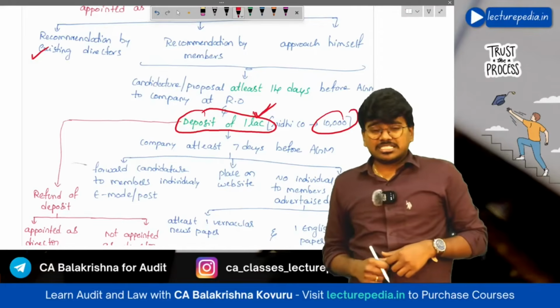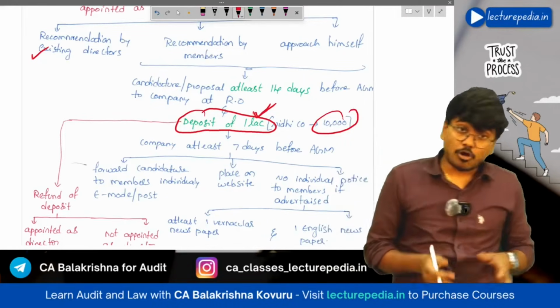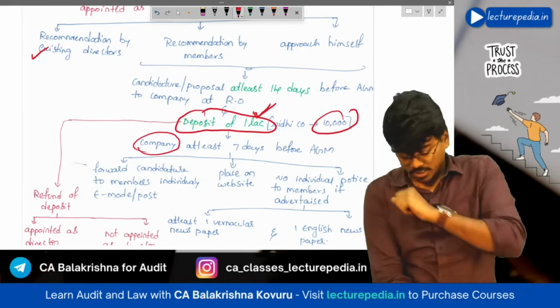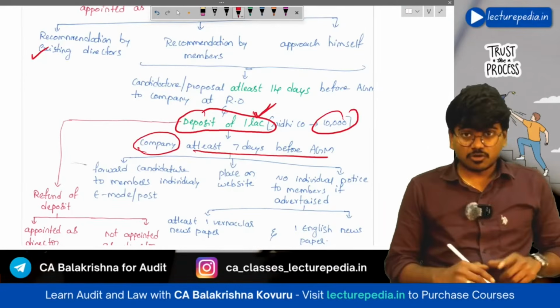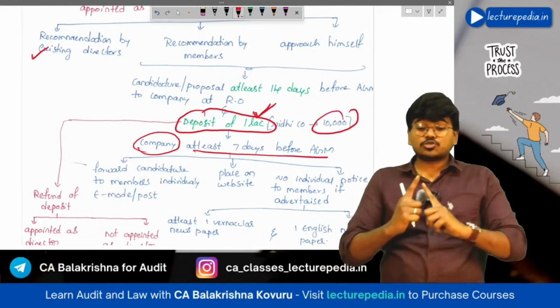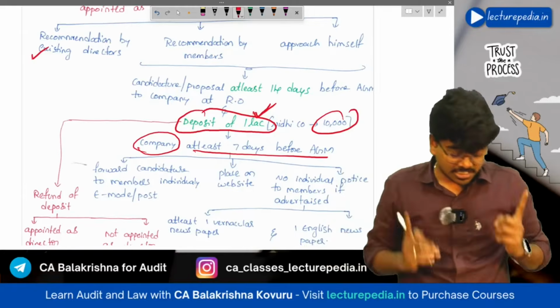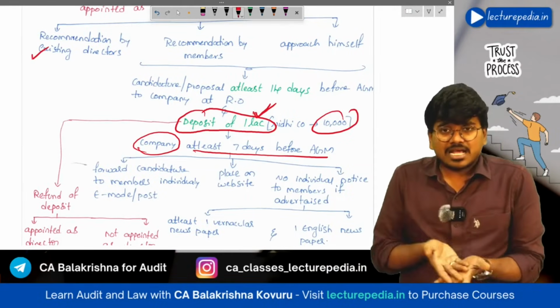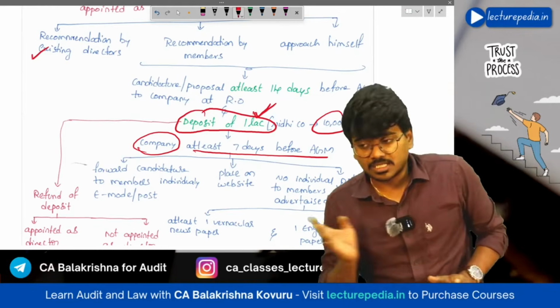After the company receives this proposal and 1 lakh rupees, what the company has to do is, at least 7 days before the annual general meeting, circulate this candidature to all the shareholders, because the decision has to be taken by shareholders only in the general meeting.